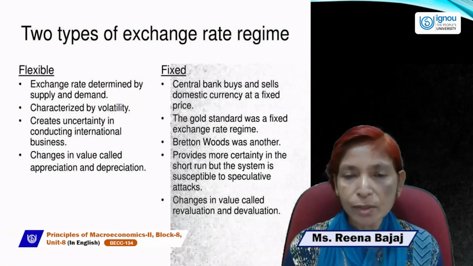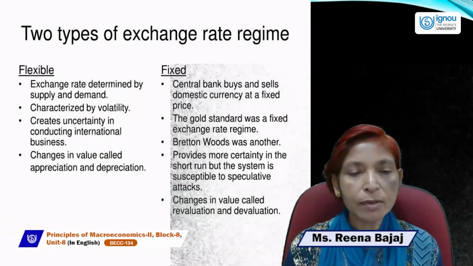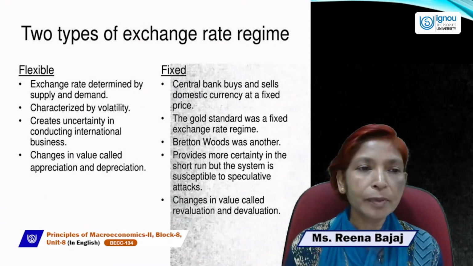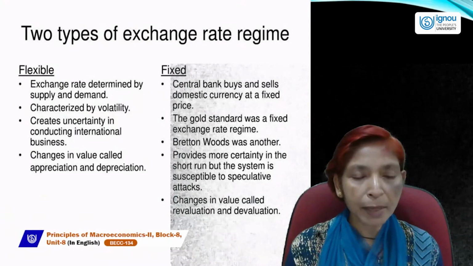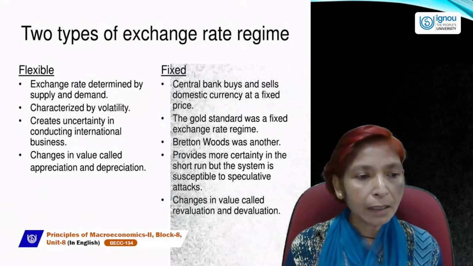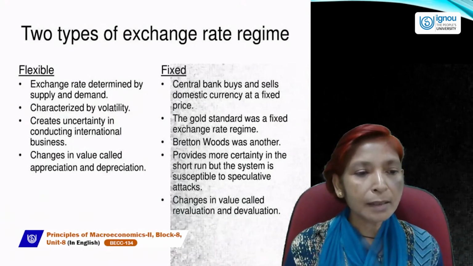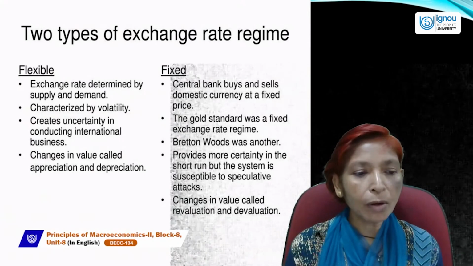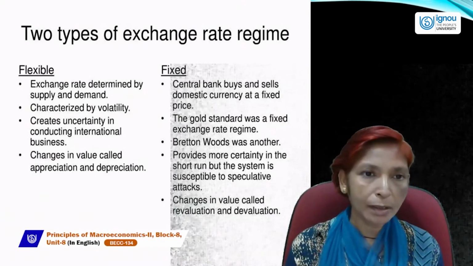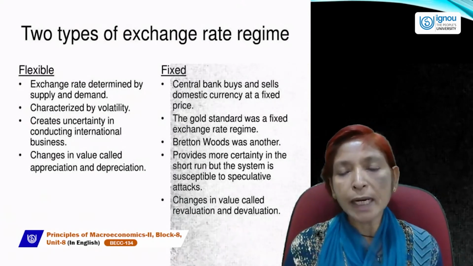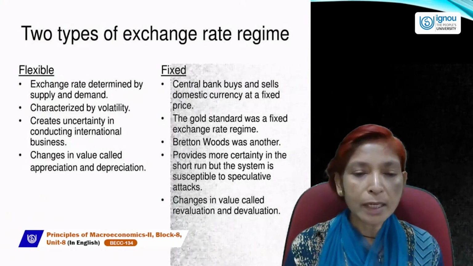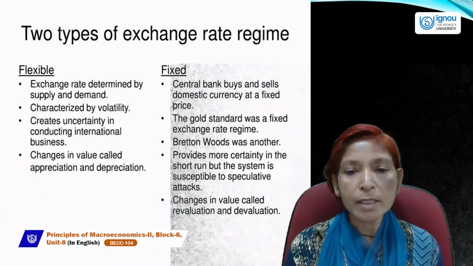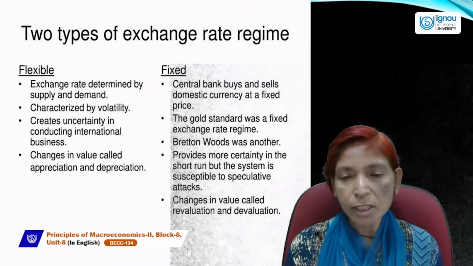There are two types of exchange rate system: the flexible exchange rate system and the fixed exchange rate system. The flexible exchange rate system is determined by the forces of demand and supply. It is volatile in nature, it creates uncertainty in conducting international business, and its changes in value are called appreciation and depreciation. The fixed exchange rate system is one in which the exchange rate is fixed by the government, and the central bank buys and sells domestic currency at a fixed rate or fixed price.